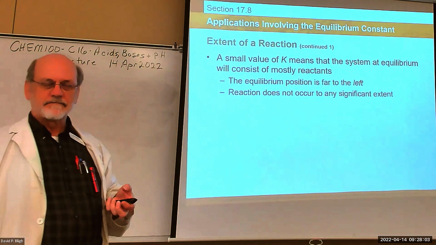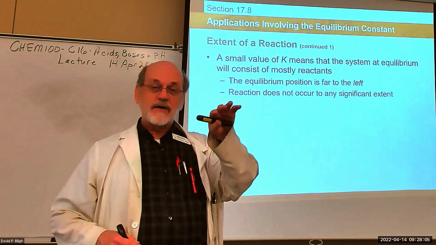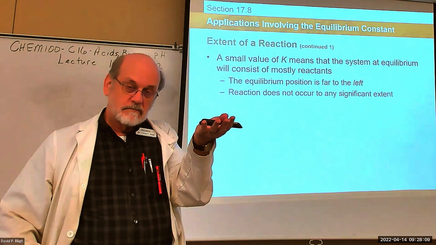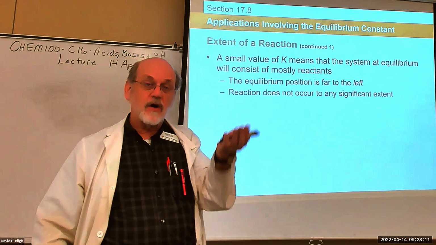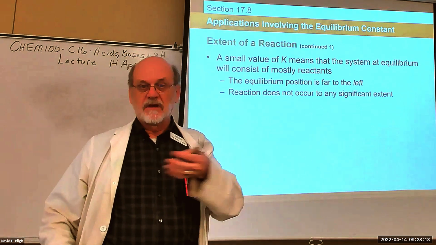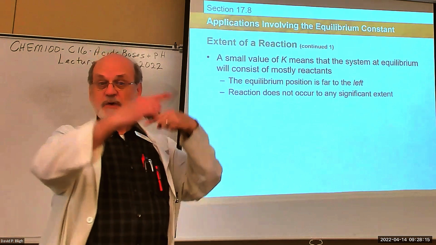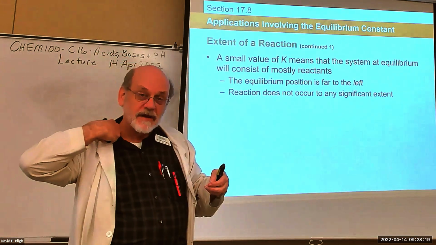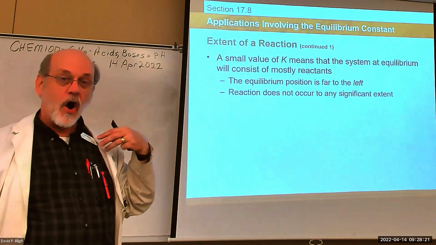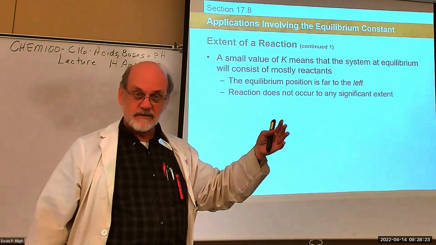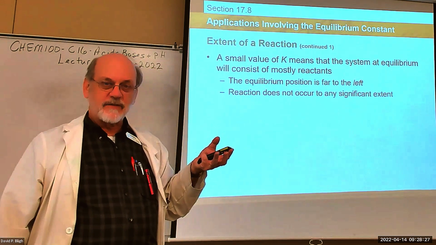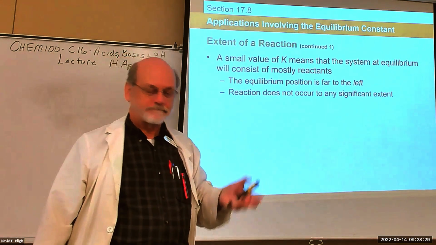Now, what if we decide we want to write the equation the other way? We want to flip it, right? Put reactants where products are, products where reactants are. That flips the expression also. It inverts the K. So now, if the reaction is written with a very large K value, one direction, then when we flip it, the value of K then becomes very small.